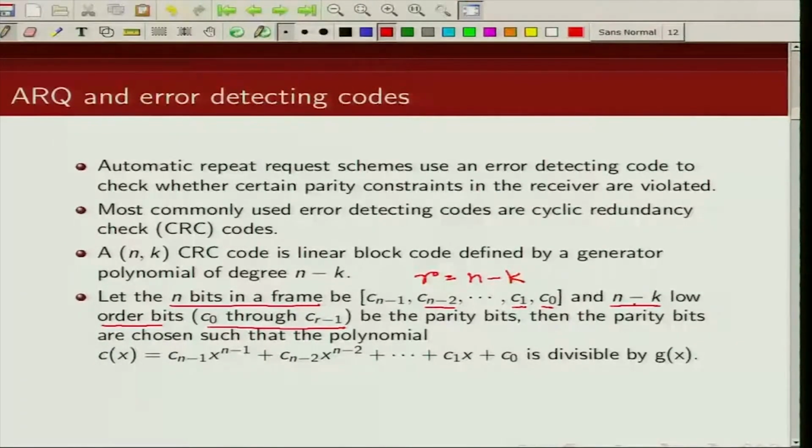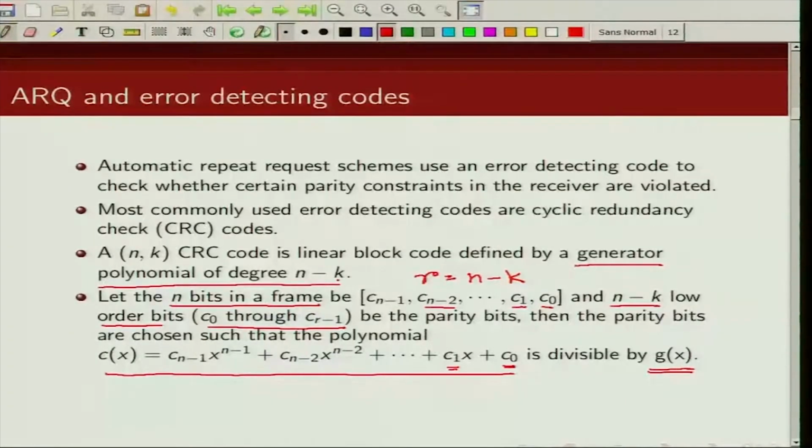In a CRC code, the parity bits are chosen in such a way that the code polynomial is divisible by the generator polynomial of the CRC code. So we choose C_0, C_1, C_2, C_3, up to C_{r-1}, in such a way that the code polynomial C(x) is divisible by the generator polynomial of the CRC code of degree n minus k.